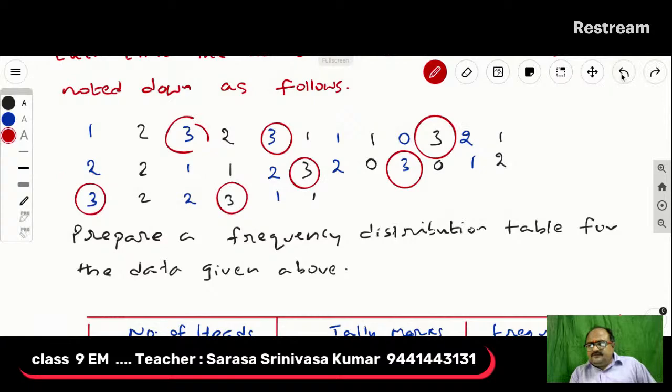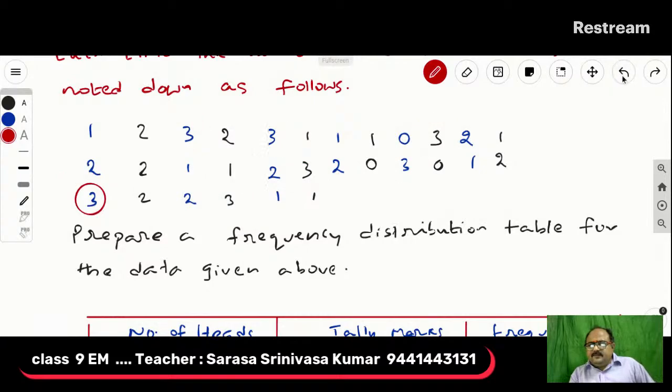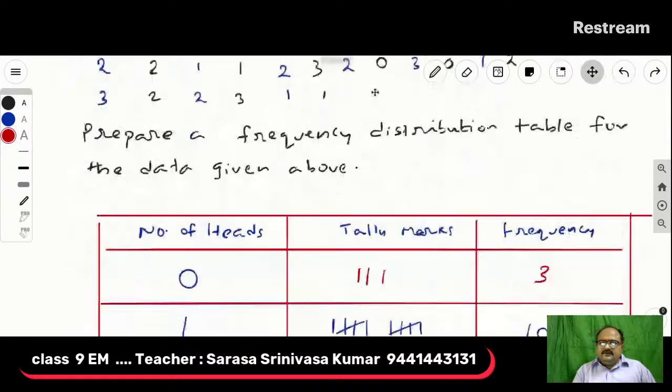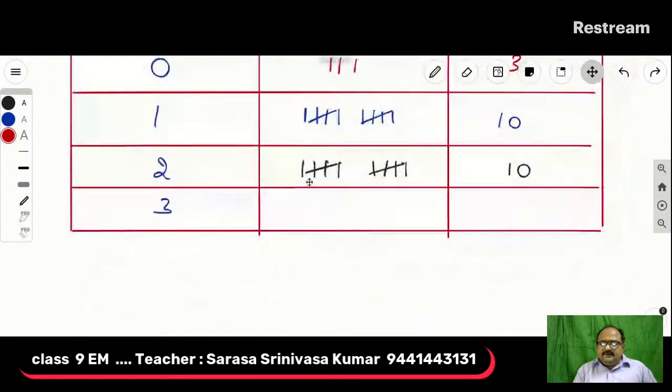So the frequency of 3 heads is 7. 7 can be written as 5 plus 2 in tally marks. So we write 1, 2, 3, 4, 5, and 1, 2. So 5 plus 2.